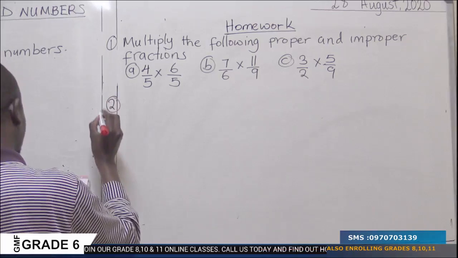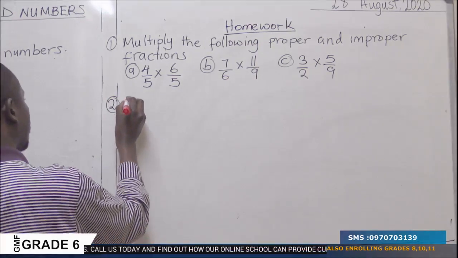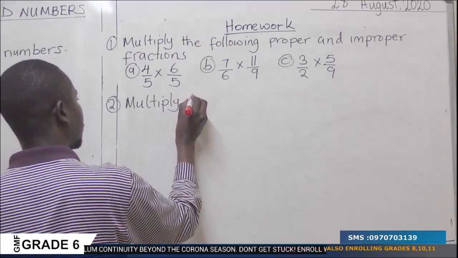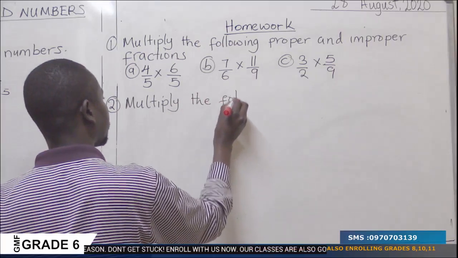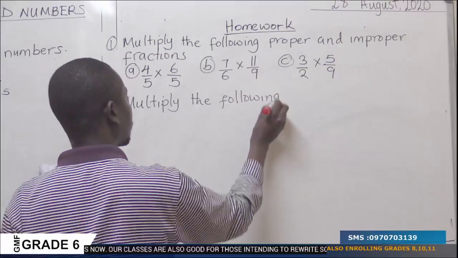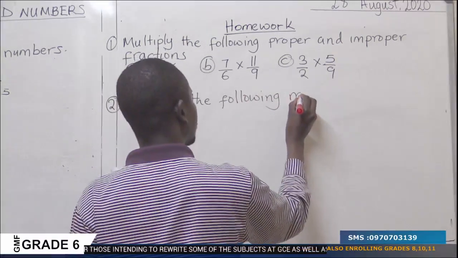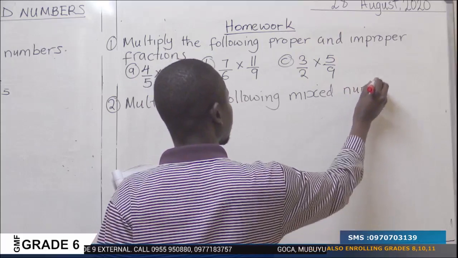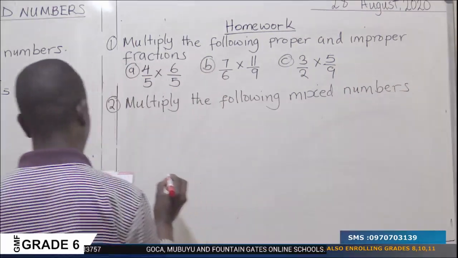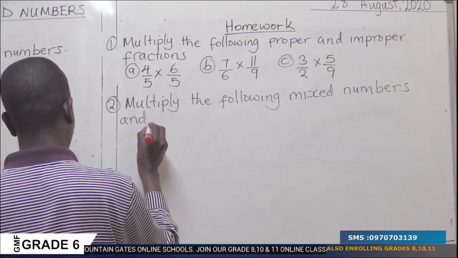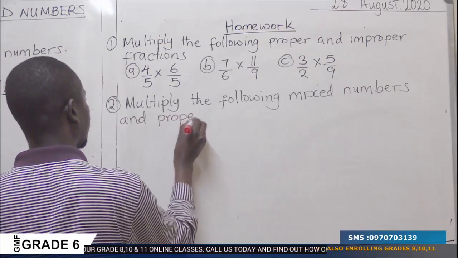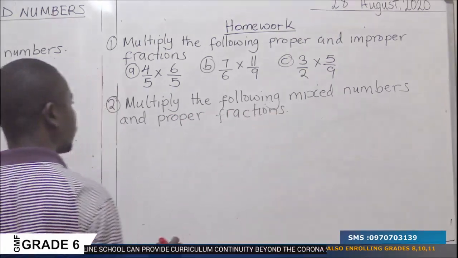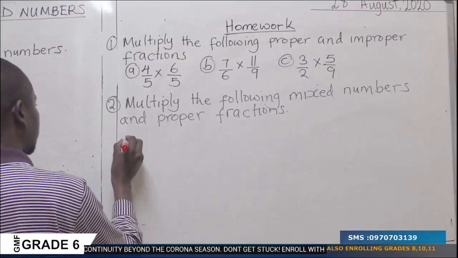Number 2 is, multiply the following mixed numbers and proper fractions.